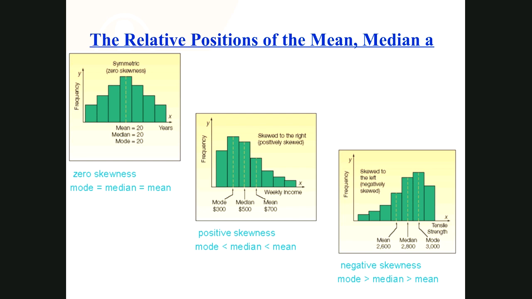Okay. Usually what you want in your data set is for the curve to look like this. This is what's called a standard normal curve. And it's symmetric. You can also have what's called a skewed curve.